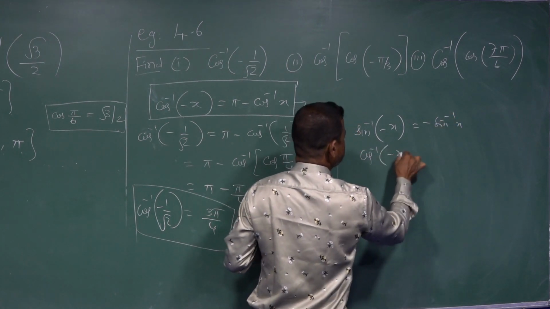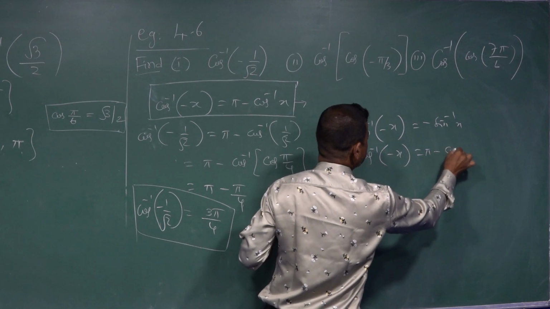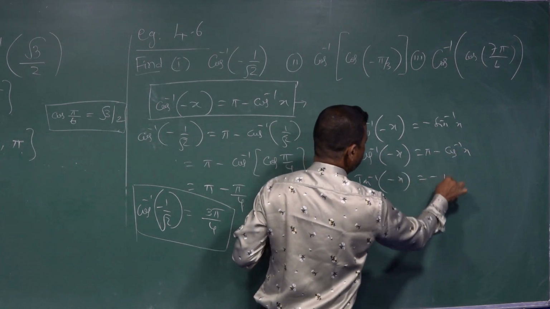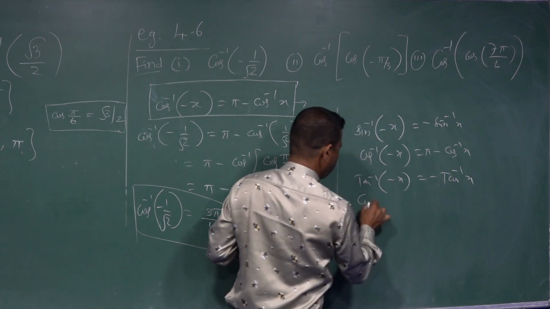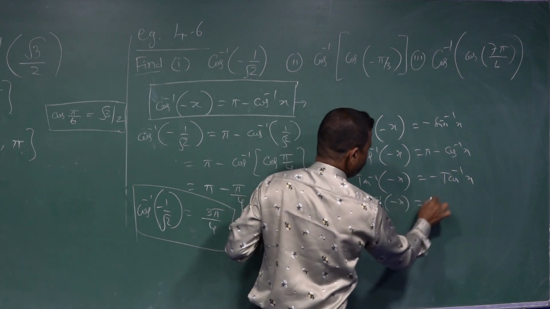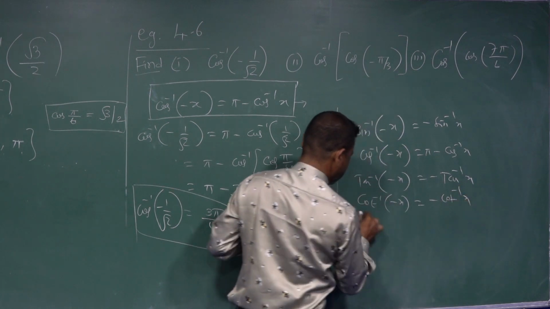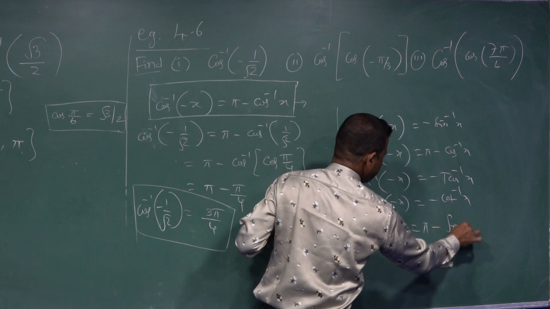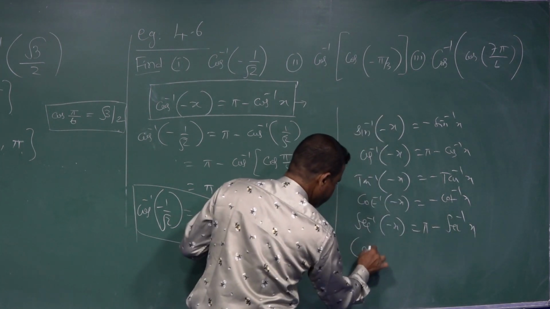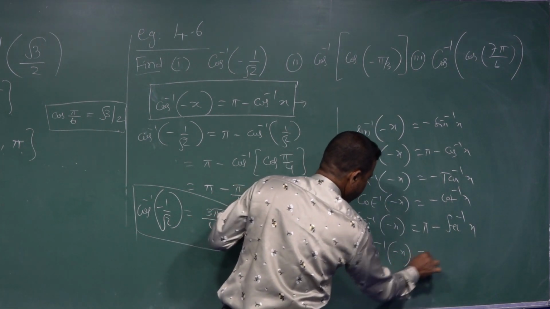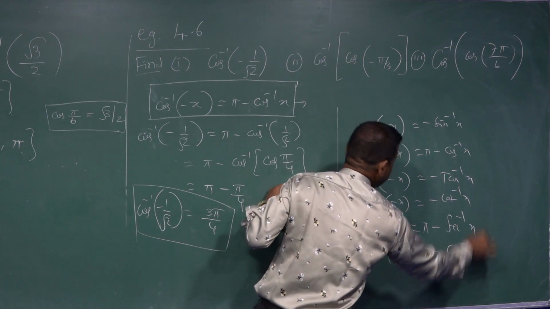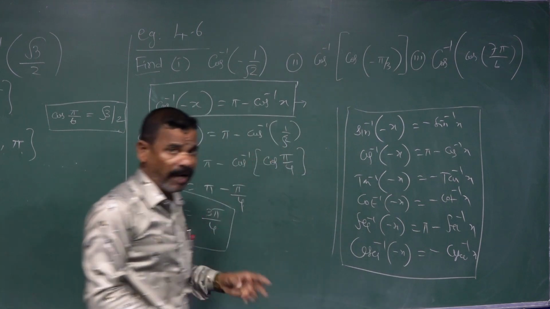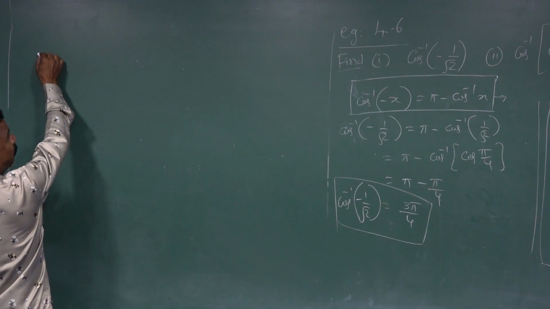Cos inverse of minus x is equal to π minus cos inverse x. Tan inverse of minus x is equal to minus tan inverse x. Cot inverse of minus x is equal to minus cot inverse x. Sec inverse of minus x is π minus sec inverse of x. Cosec inverse of minus x is minus cosec inverse x. These are all the formulas, only for minus x.